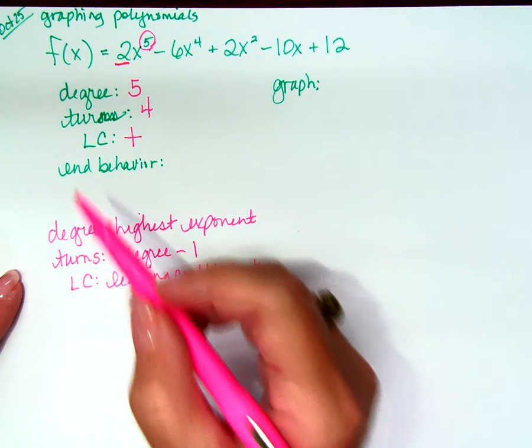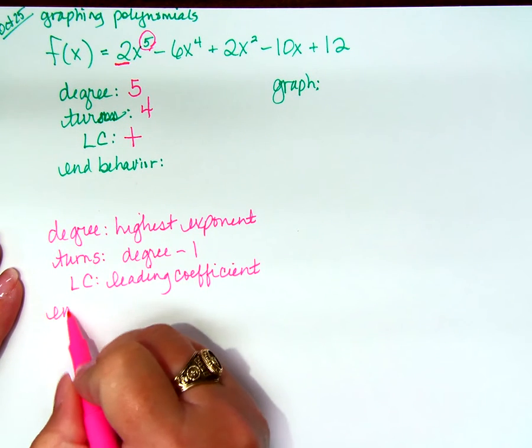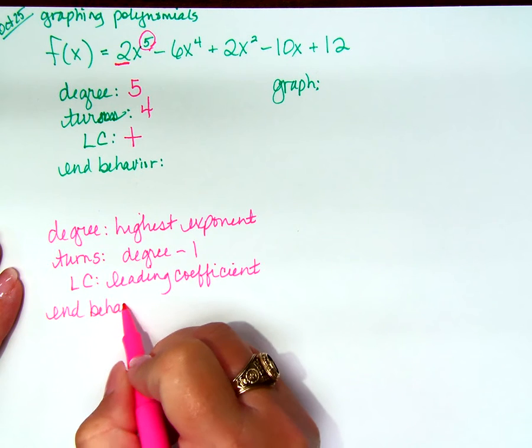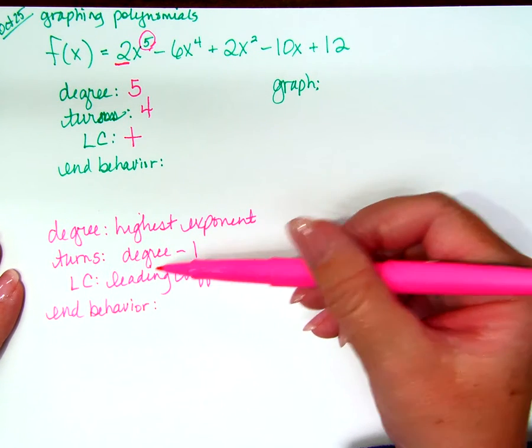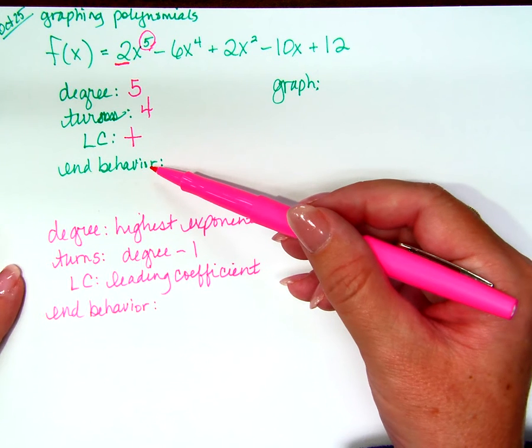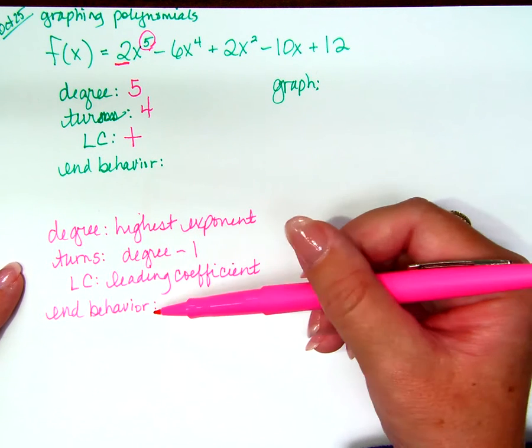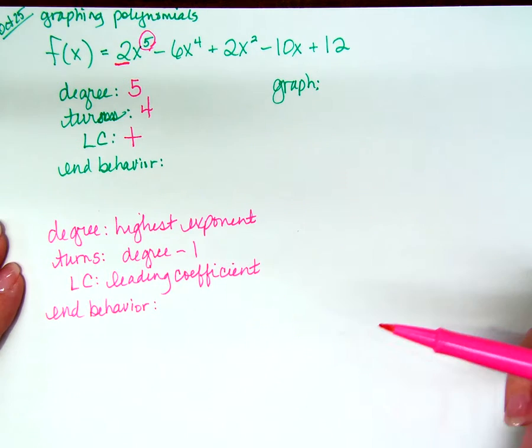Now for the end behavior. We know that our leading coefficient is positive. Once I know my leading coefficient is positive, I automatically know one of my end behaviors.